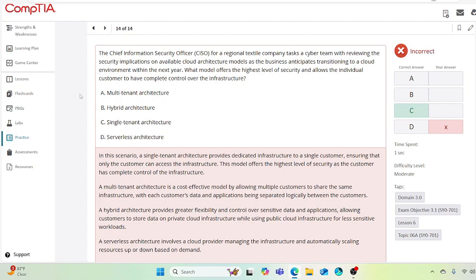What model offers the highest level of security and allows the individual customer to have complete control over infrastructure? Single tenant architecture. In this scenario, a single tenant architecture provides dedicated infrastructure to a single customer, ensuring that only the customer can access the infrastructure. This model offers the highest level of security as the customer has complete control of the infrastructure.